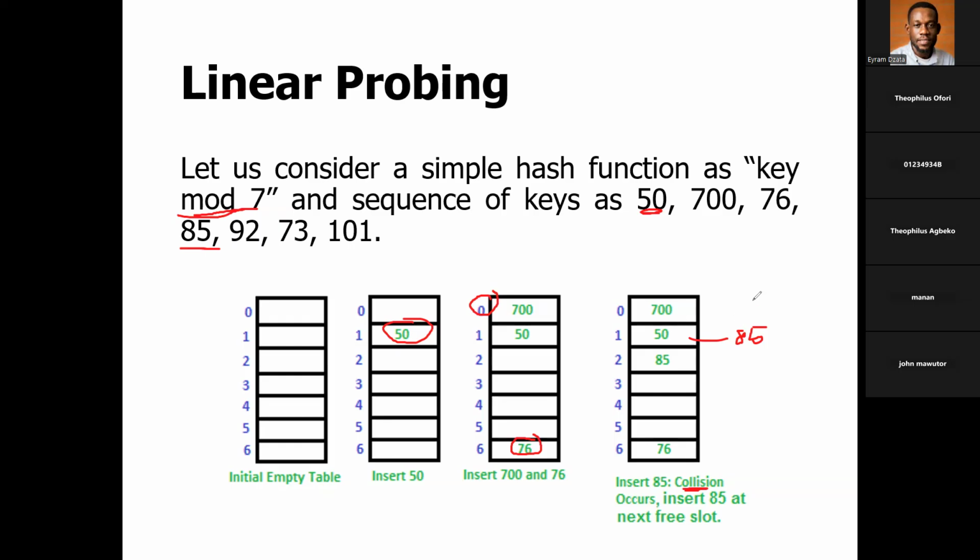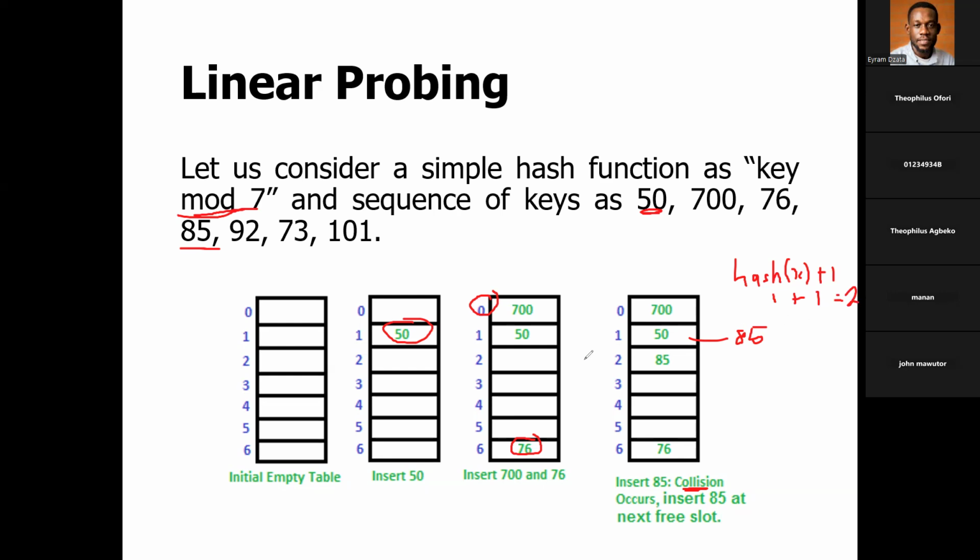You remember the algorithm: hash x plus 1, if the slot hash x is full. So our hash x is 1, plus 1, giving us 2.